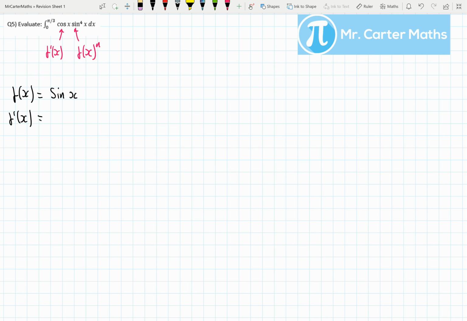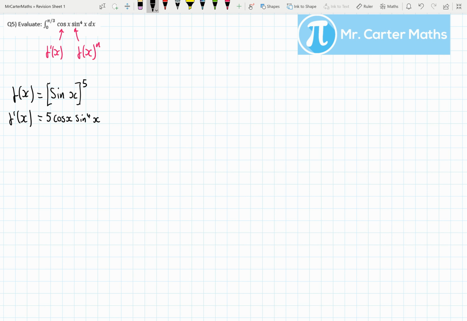For a moment, I'm going to think about that power of 5 as being outside the whole function: sine x all to the power of 5. They're equivalent. If we're good at chain rule, we know the power comes down, giving me a 5. The derivative comes out, sine x differentiates to cos x, and then the power lowers by 1.